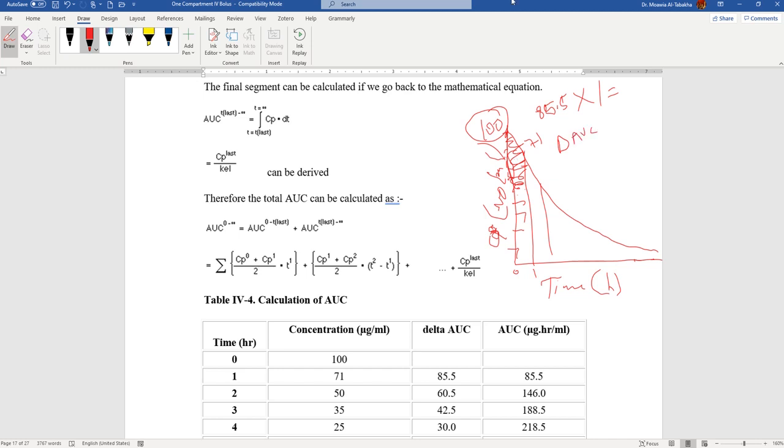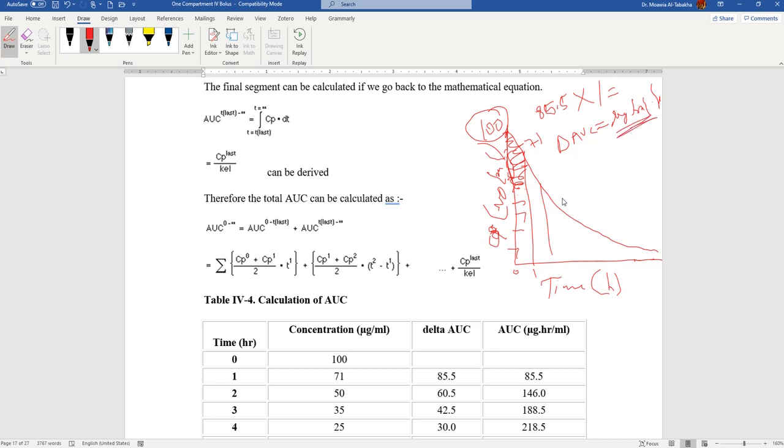Okay. Something that I left and did not tell you about is the units. I told you the units are very, very important. Okay, here what will be the units? You are multiplying time by concentration. So the concentration here is, for example, microgram per ml or milligram per liter, and then you are multiplying that by hour.